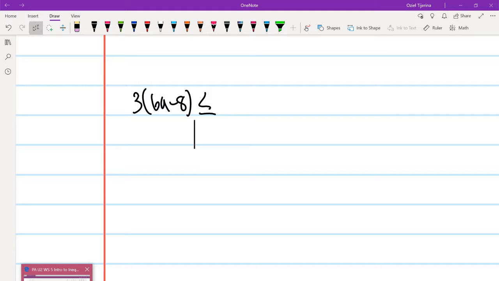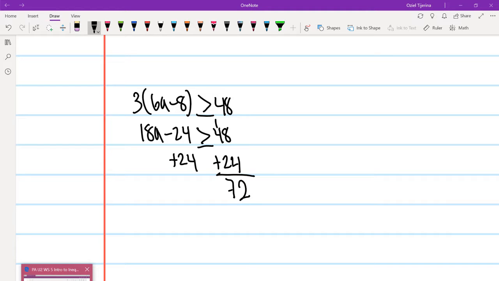Sorry, so it's greater than or equal to 48. So you would say 18a minus 24 is greater than or equal to 48. Say plus 24 on each side. So 18a is greater than or equal to 72.